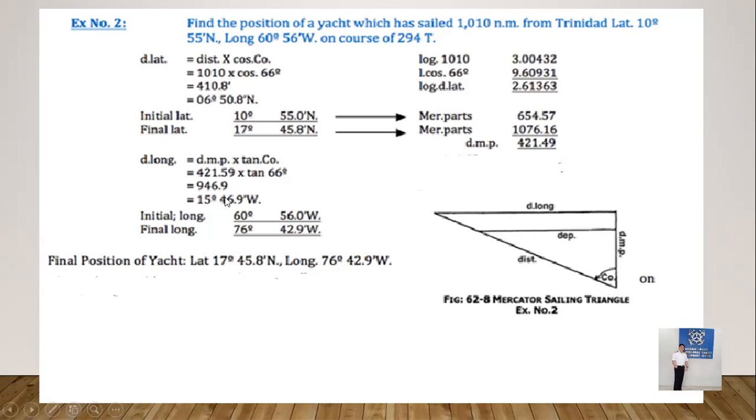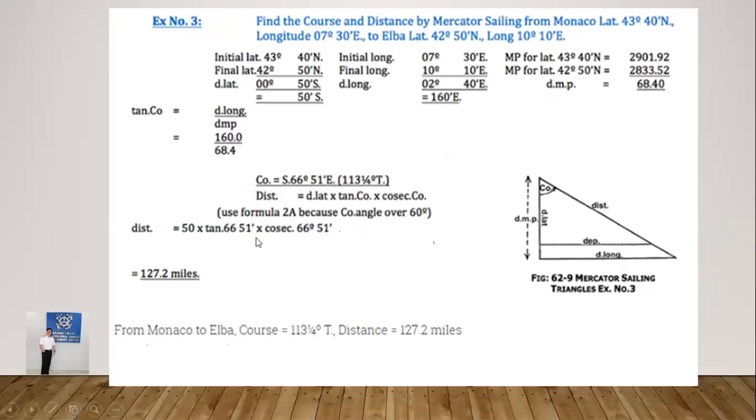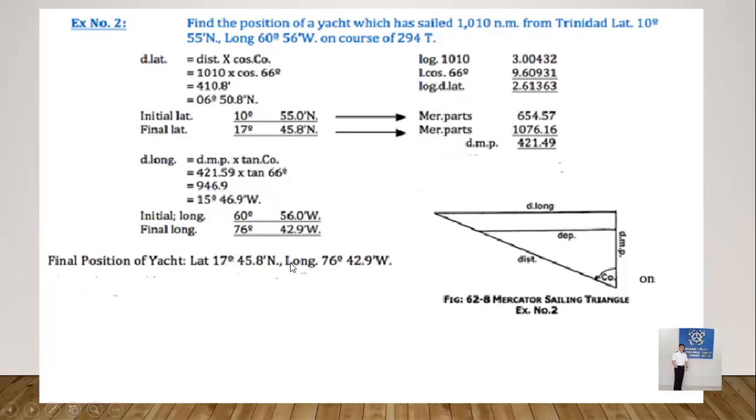Divided by 60, you get 15 degrees 46.9 west. Now adding that D long to 60 degrees 56 minutes west, you get your final longitude. Then you get the final position: latitude 17 degrees 45.8 north, longitude 76 degrees 42.9 west.